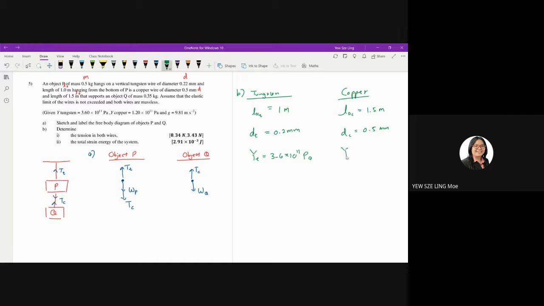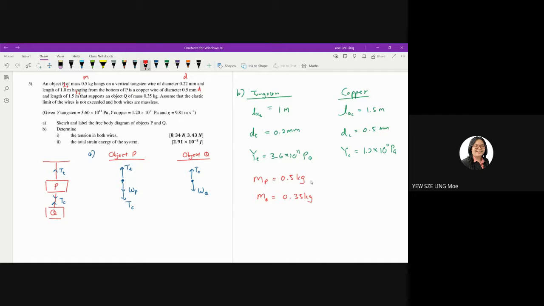For copper wire, YC is equal to 1.2 times 10 to the power of 11 Pascal. The other general information is MP equals 0.5 kg, and then MQ is equal to 0.35 kg.